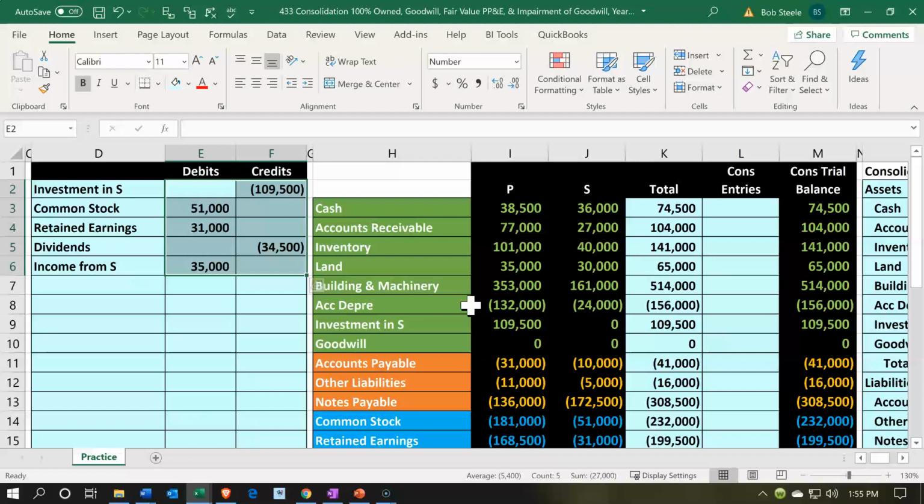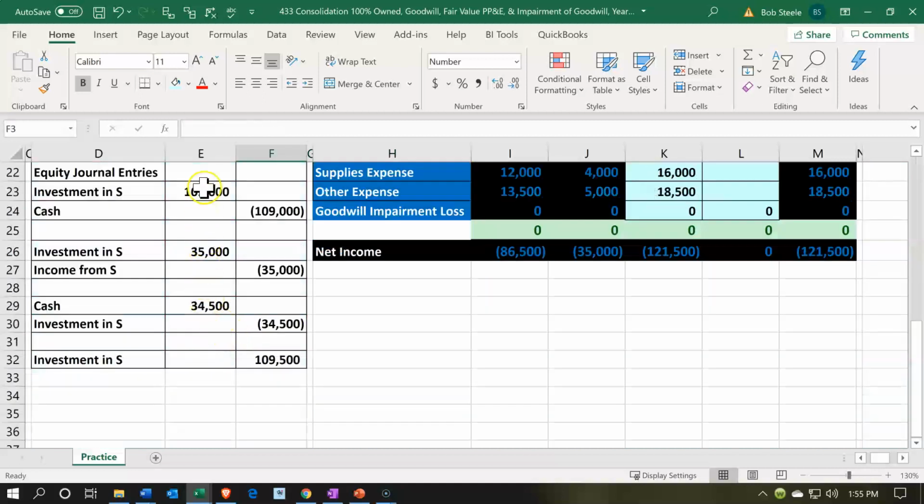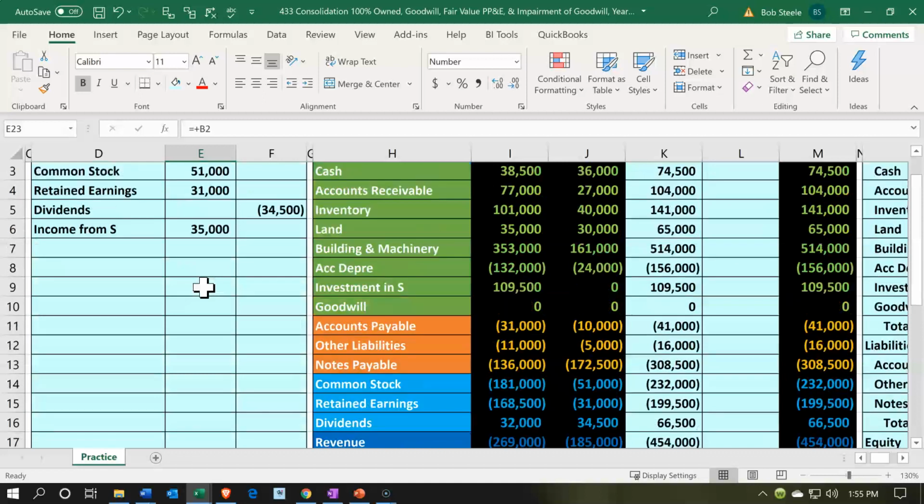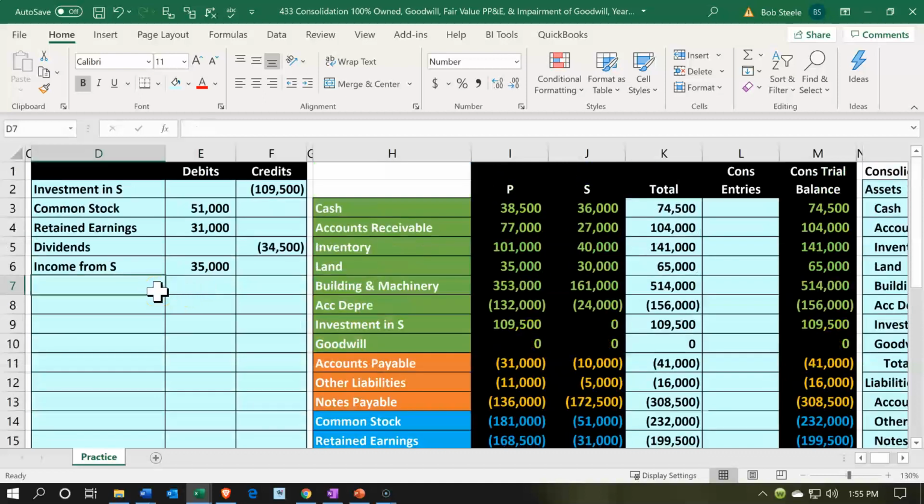So the reason it doesn't tie out is that we have to account for the fact that there was machinery and equipment that went on the books that we adjusted for. So this 109, that included this investment down here, needs to be adjusted for the goodwill and the adjustment to the fair value of the assets.